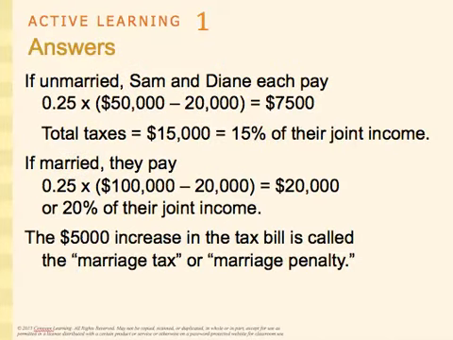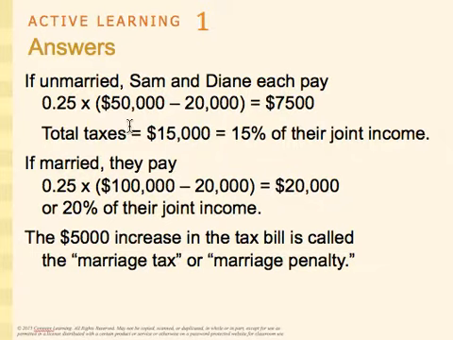If unmarried, Sam and Diane each pay 25%. So the first $20,000 is tax deductible, is not taxed, I should say. So their $50,000 minus that first $20,000 is 0.25 times $30,000, which is $7,500. So each of them pays that.